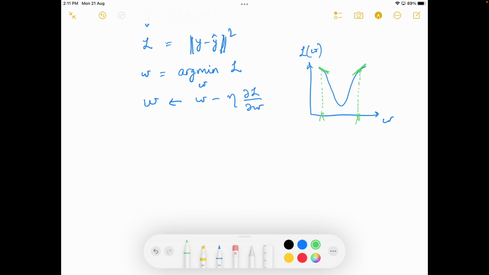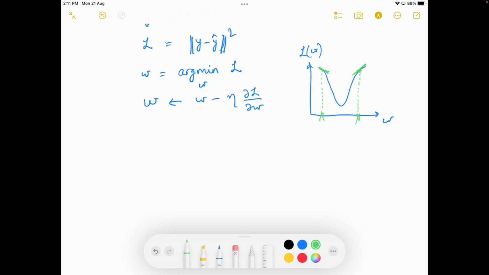Now what about eta? Eta is a kind of step size. How much it should increase or decrease. For example, you see here, slope is so large, so my W may go out of this screen. It may become negative, right? But I want to keep it in this small area only. So I can use some factor eta to control my jump size or step size, right?